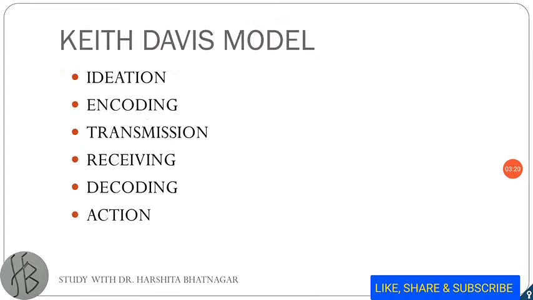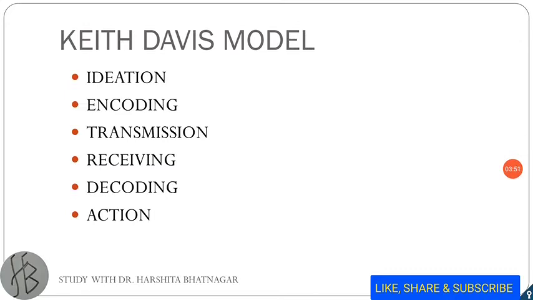But there are different models which are suggested by different people. So we will study these models. The base is the same, the components are the same, but somewhere some component is missing and somewhere some component is extra. So according to the Keith Davis model, first of all, an idea is generated. Means ideation is the generation of the idea from the sender or the source.